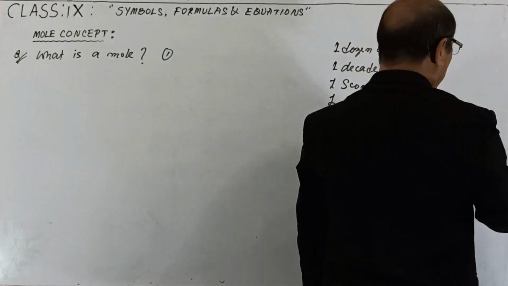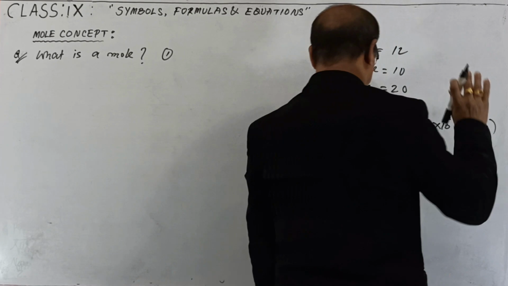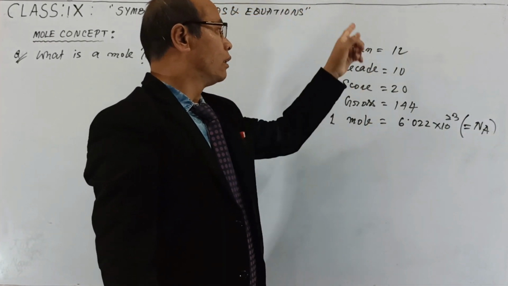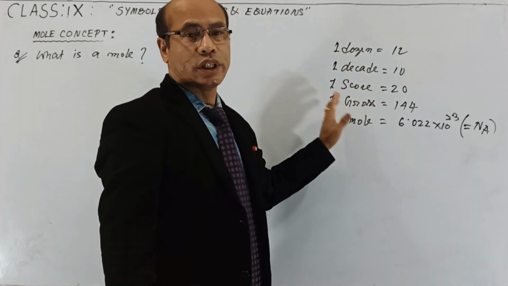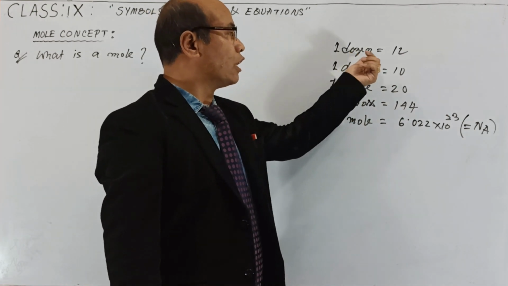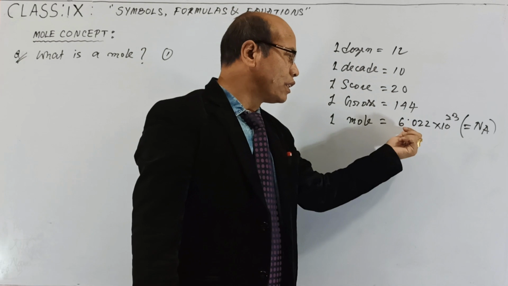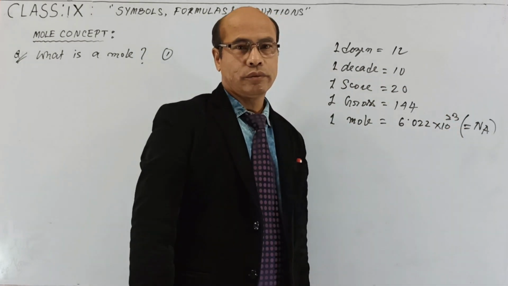You can use the symbol NA for Avogadro number or Avogadro constant. So mole is also something like this dozen, decade, score, gross, century, etc. Whenever I say dozen, it always means 12. Like that when I say 1 mole, it always represents this number, 6.022 × 10^23.